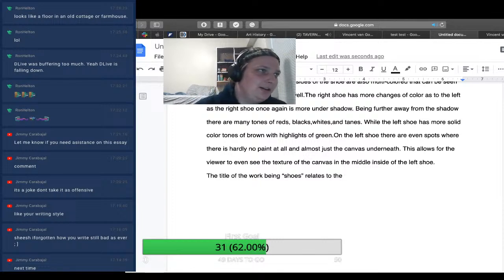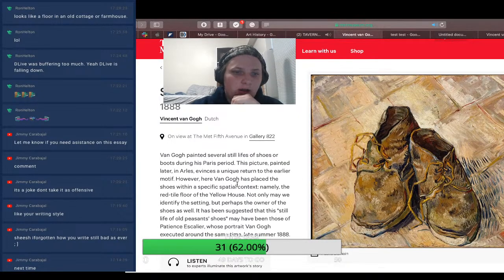Ron says it looks like a floor in an old cottage or farmhouse. We can actually pull this up. Well, we'll just read it again. Van Gogh painted several still lifes of shoes or boots during his Paris period. This picture, painted later in Arles, is a unique return to the earlier motif. However, here Van Gogh has placed the shoes within a specific spatial context, namely the red tile floor of the Yellow House.